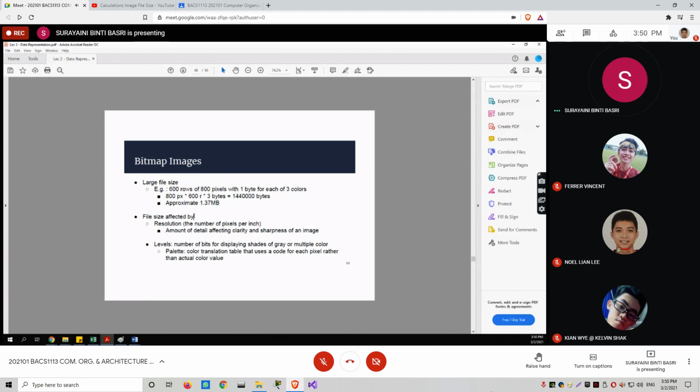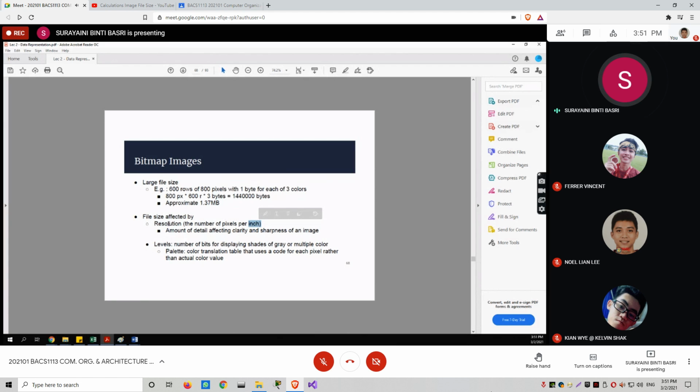Okay. So the file size of the bitmap image will be affected by the resolution and the levels. So what is the resolution? The resolution is the number of pixels per inch. So in 1 inch, how many pixels are there? That is what we call resolution.